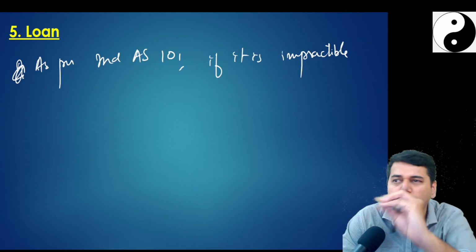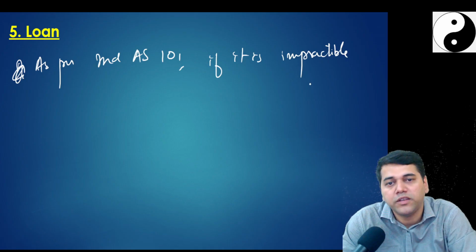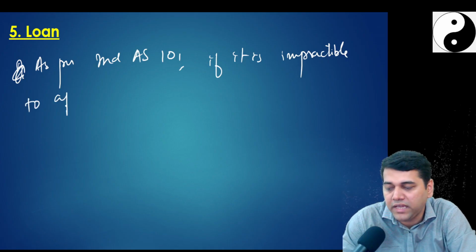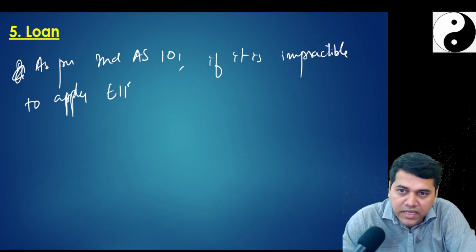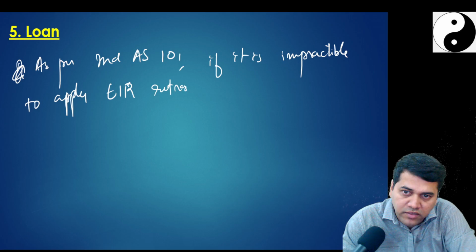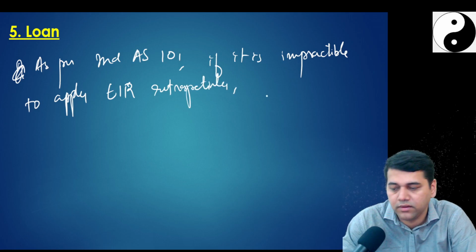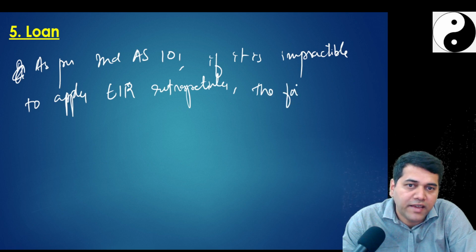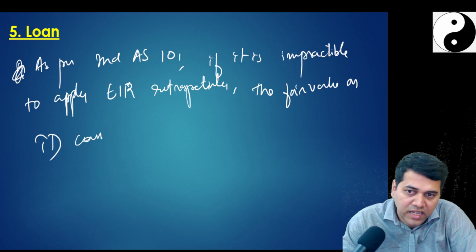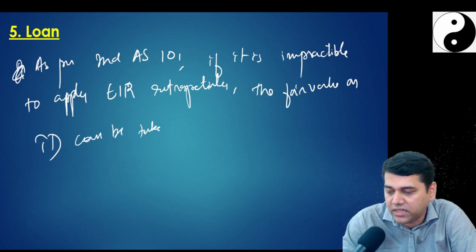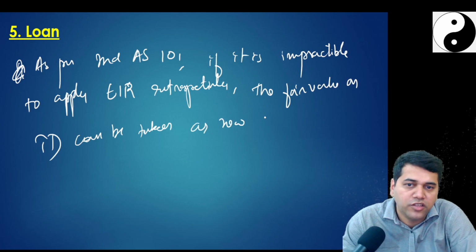What if it is a purely loan? Now, as per 109, if it is impracticable to apply EIR retrospectively, the fair value on transition date can be taken as new book value.